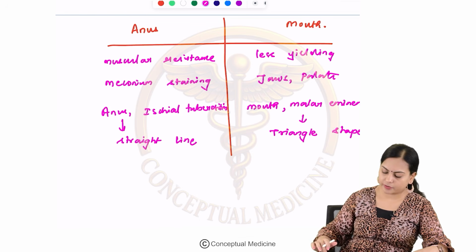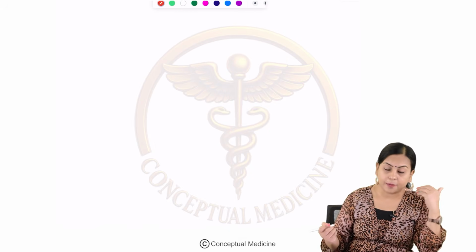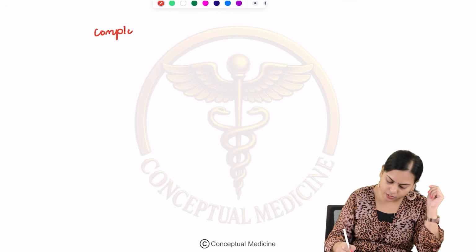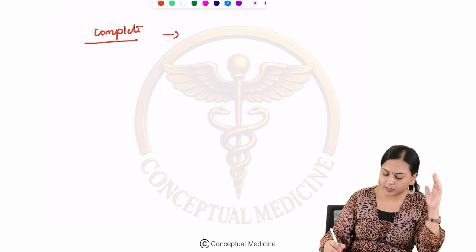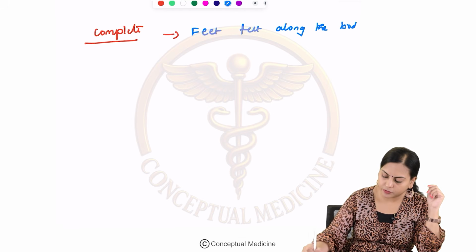Clear? Right. So, how do you feel a complete breech through vaginal examination? If you take a complete breech, feet will be felt alongside the body. Okay, feet felt along the body of the fetus.